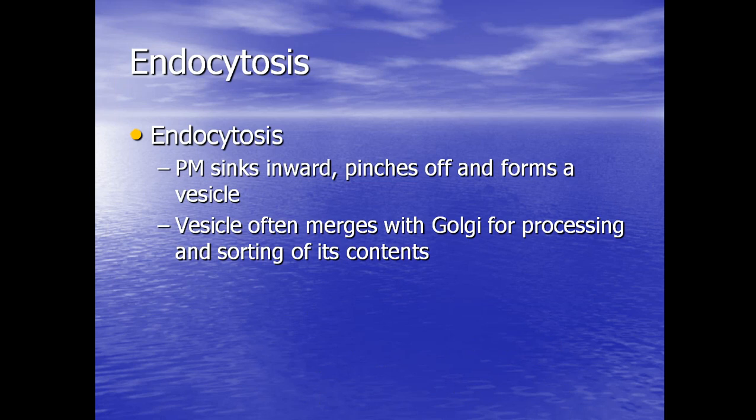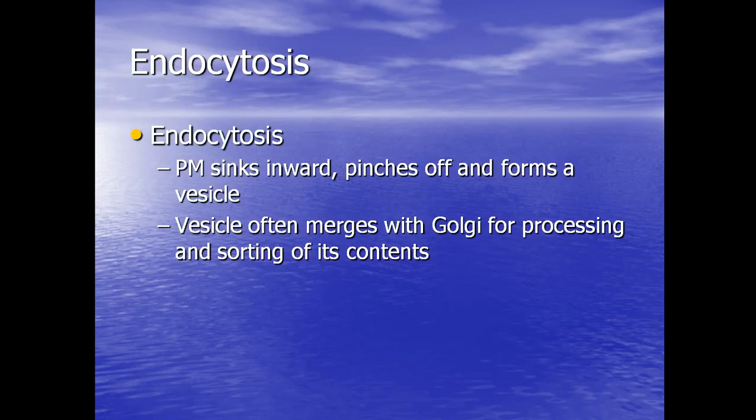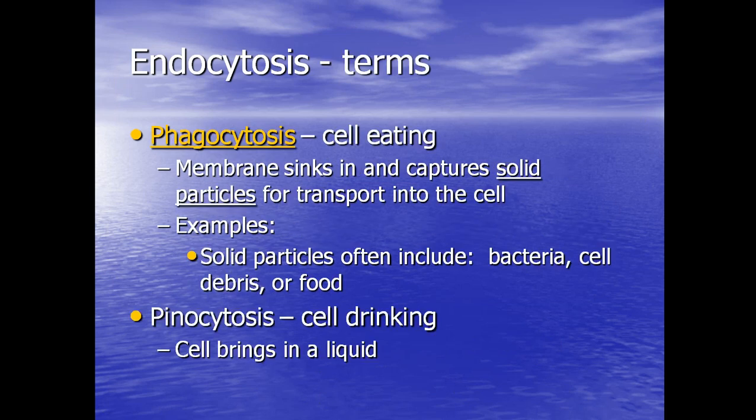So here the plasma membrane sinks inwards, pinches off and forms the vesicle. Sink, form a vesicle and pinch off. The vesicle again merges with Golgi, and Golgi body starts storing the content.